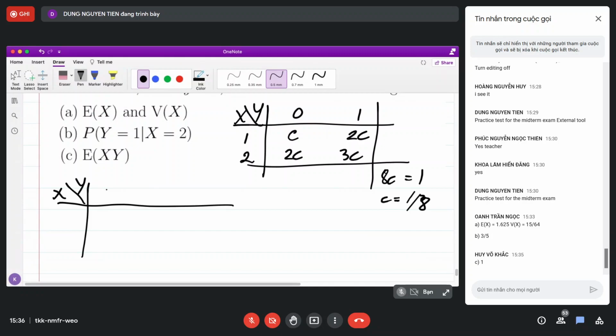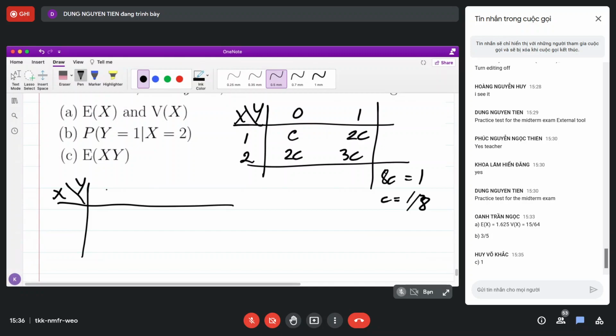Concerning question C, you want to find the mean value of x times y. Okay, x could be 1 or 2, y could be 0 or 1, then x times y could be 1 times 0, 1 times 1, 2 times 0, and 2 times 1.